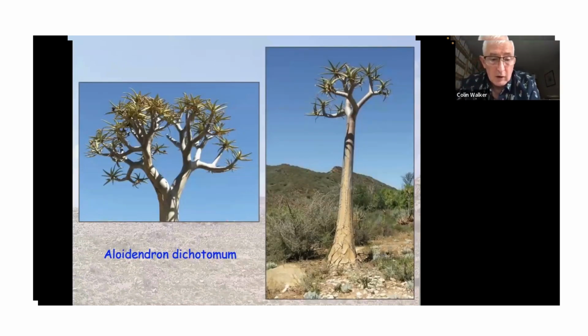This is photographed at the Karoo Botanic Gardens, and on the left, that beautifully illustrates a key feature of all tree aloes. All of them have dichotomous branching, as you can see that V shape. Dichotomous branching isn't unique to tree aloes.